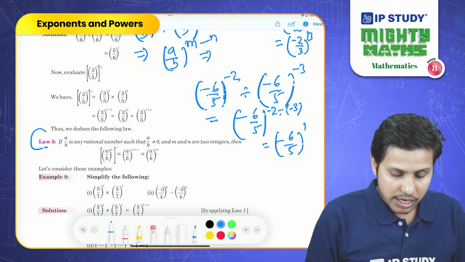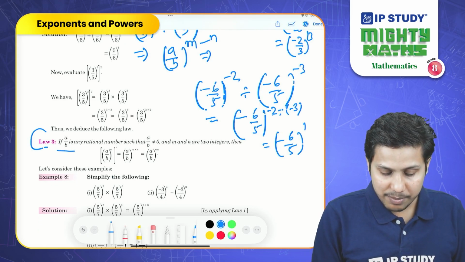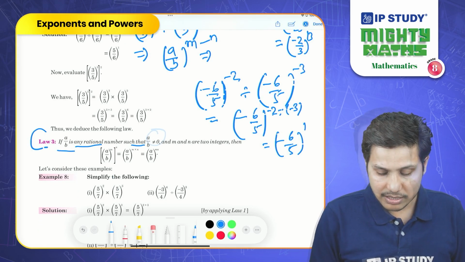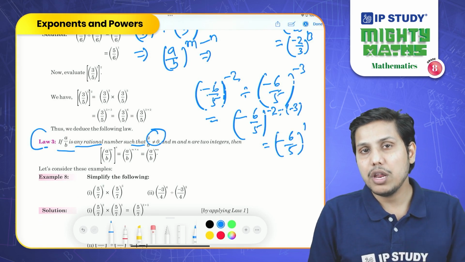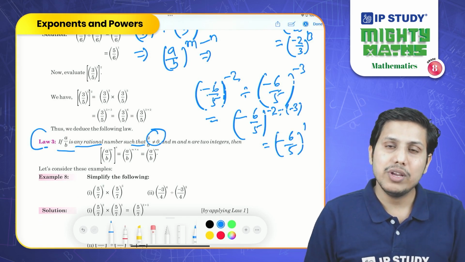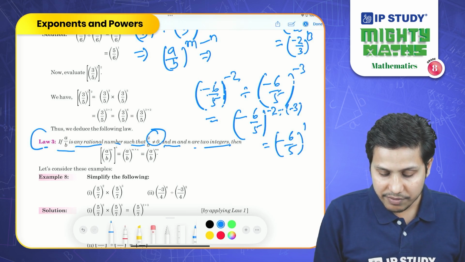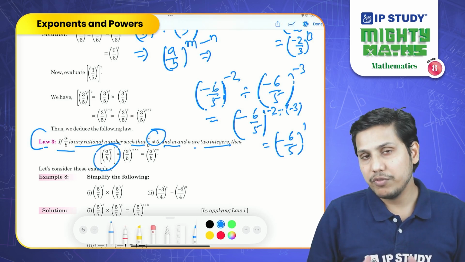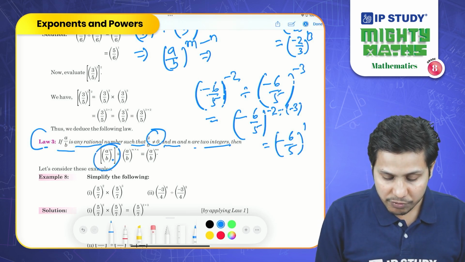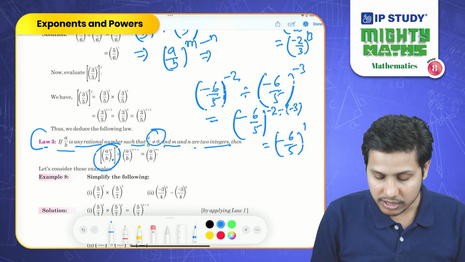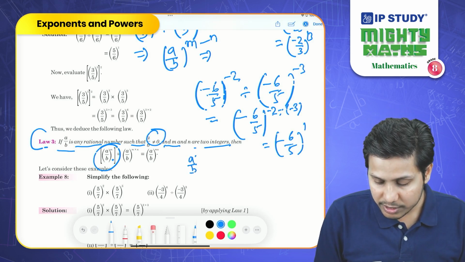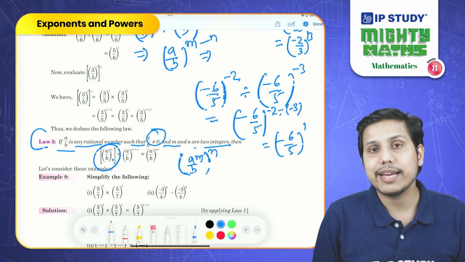Law 3. Law 3 says if a by b is any rational number, such that a over b should not be 0 in any law, and m and n are two integers, then we have a rule where we have to take the product of the exponents whenever there is a power over the bracket and inside the bracket also.